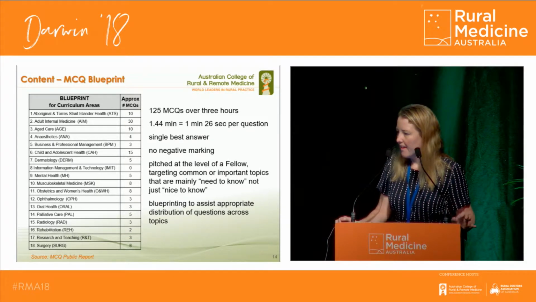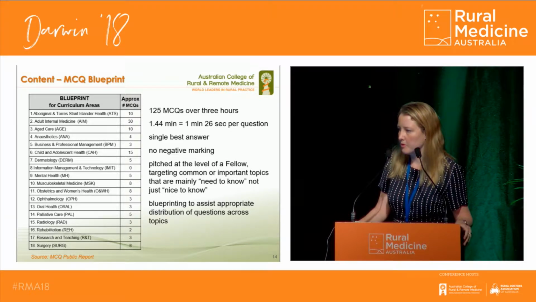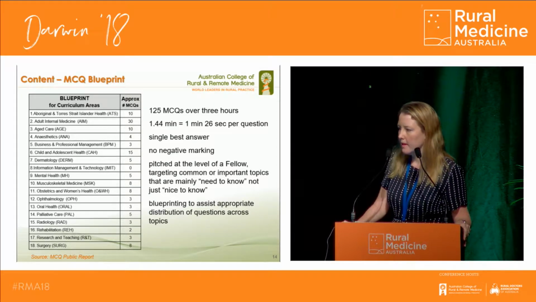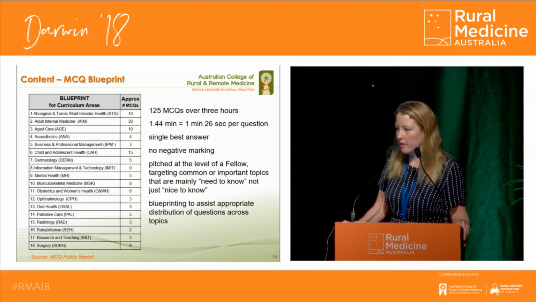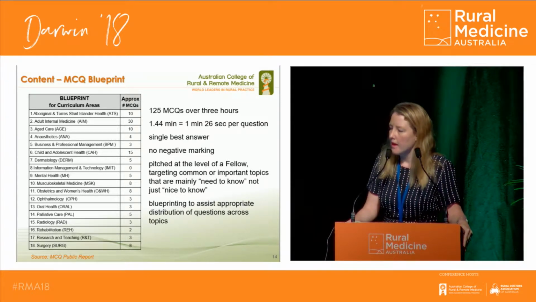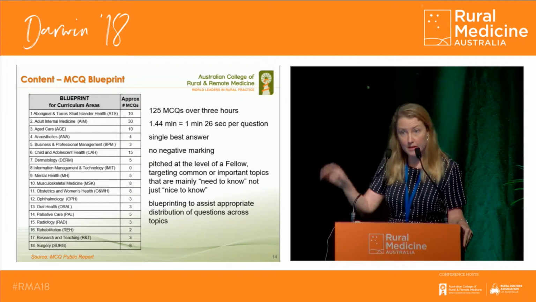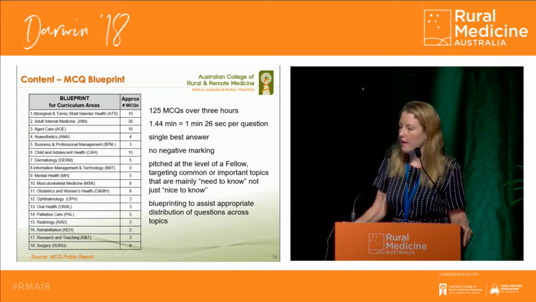Okay. So that's the context. So let's look at the content of the multiple choice questionnaire. So we've got our 18 areas of the curriculum, and you can see there approximately how many of the questions are going to be related to each aspect of the curriculum.